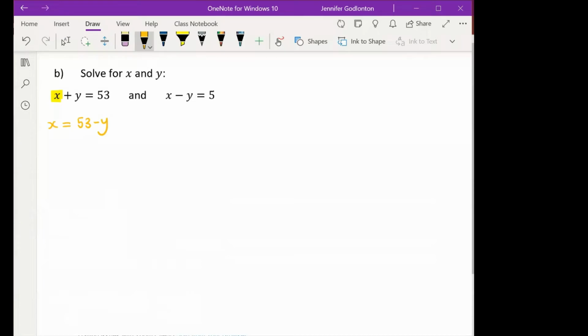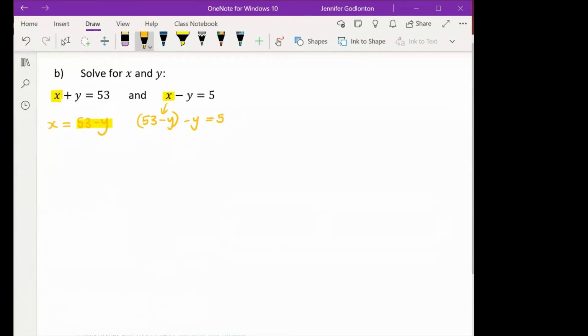So my first step there was all I wanted to do was isolate my variable. Now, instead of writing x in my second equation, I'm going to write 53 minus y. So I'm going to say 53 minus y, that's my x, minus y equals 5.